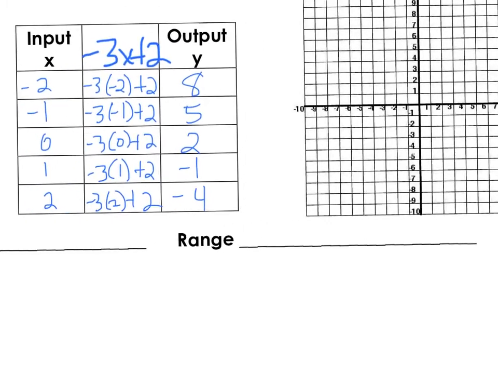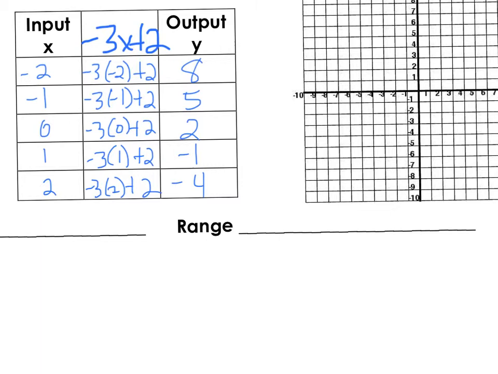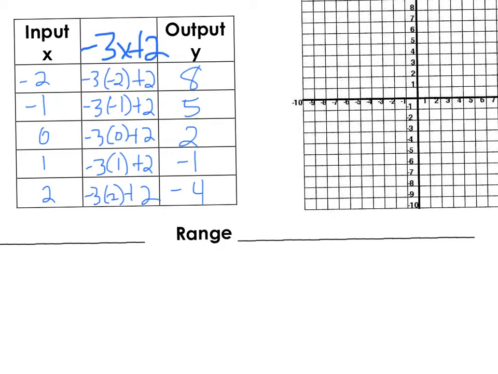So we're going to come on over to the graph here and start plotting. We've got -2, 8. And -1, 5. And 0, 2. And 1, -1. And 2, -4.